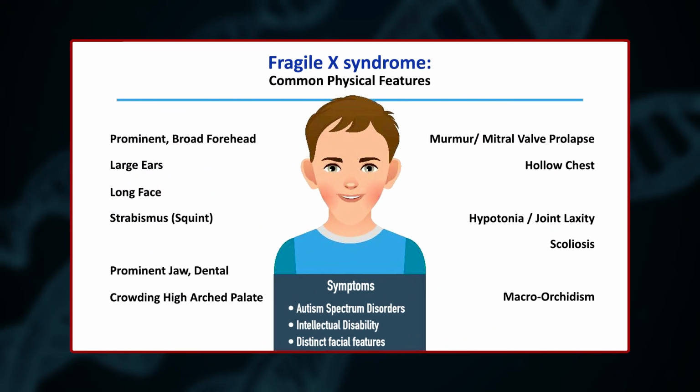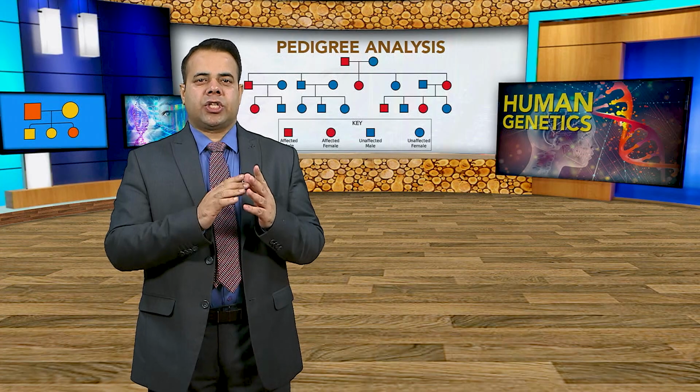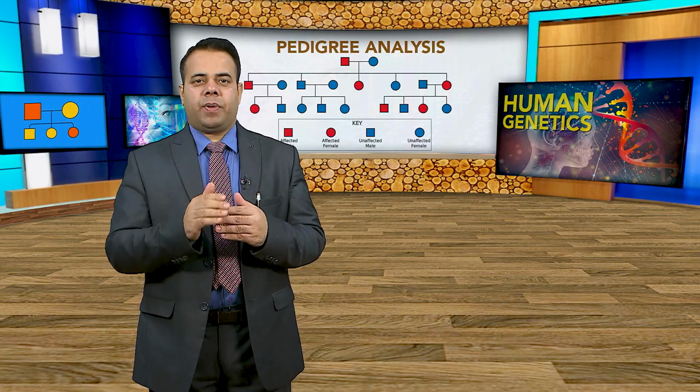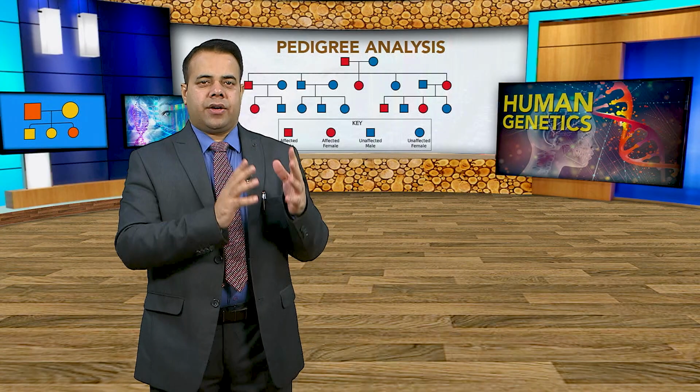Example: Fragile X syndrome. The FMR1 gene at Xq21, that is X chromosome, q-arm, region 2, band 1, encodes a protein needed for neuron development. There is a CGG repeat array in the 5' UTR, that is the untranslated region.